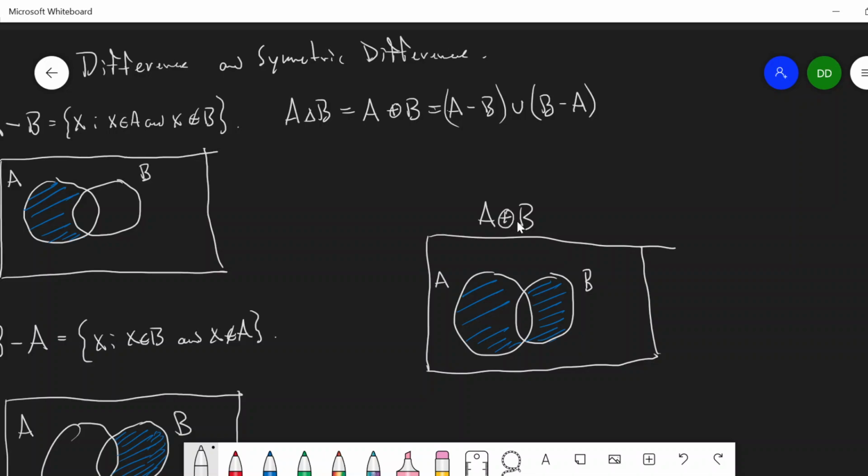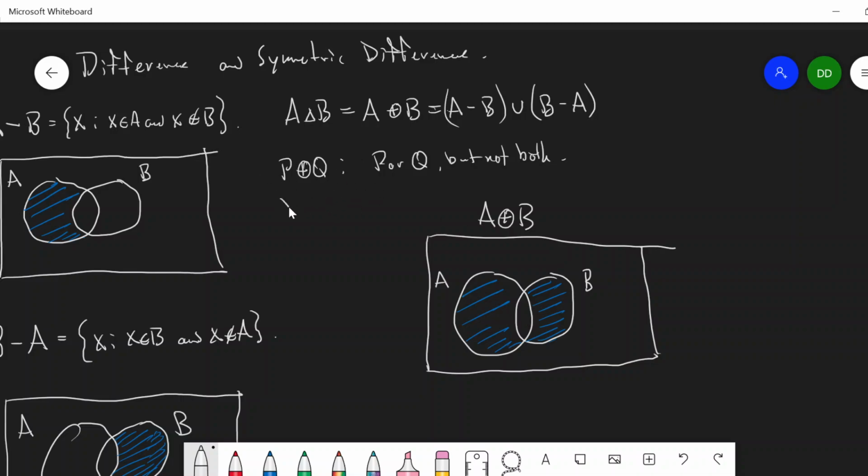This was the exclusive OR operation. Remember, P exclusive OR Q was true if this meant P or Q, but not both. That's the same thing that's happening here with the symmetric difference.